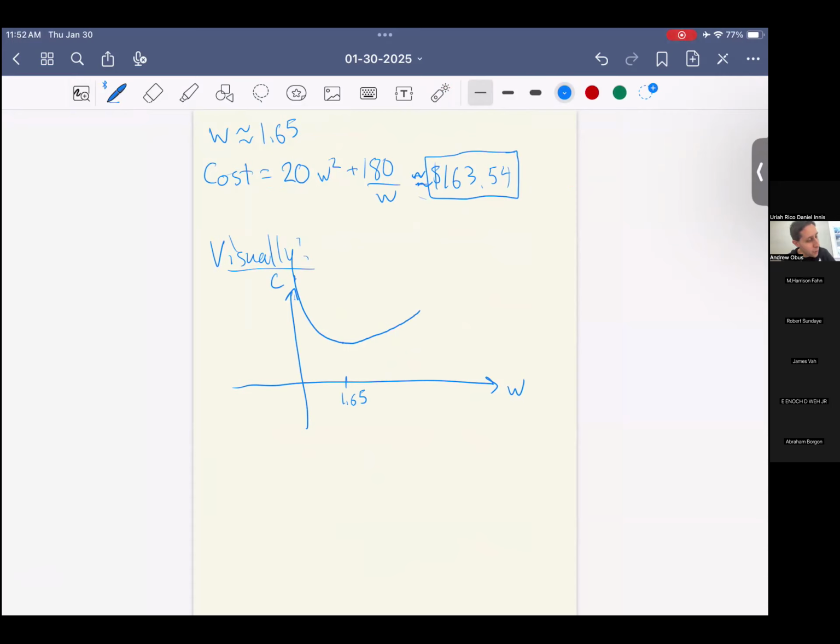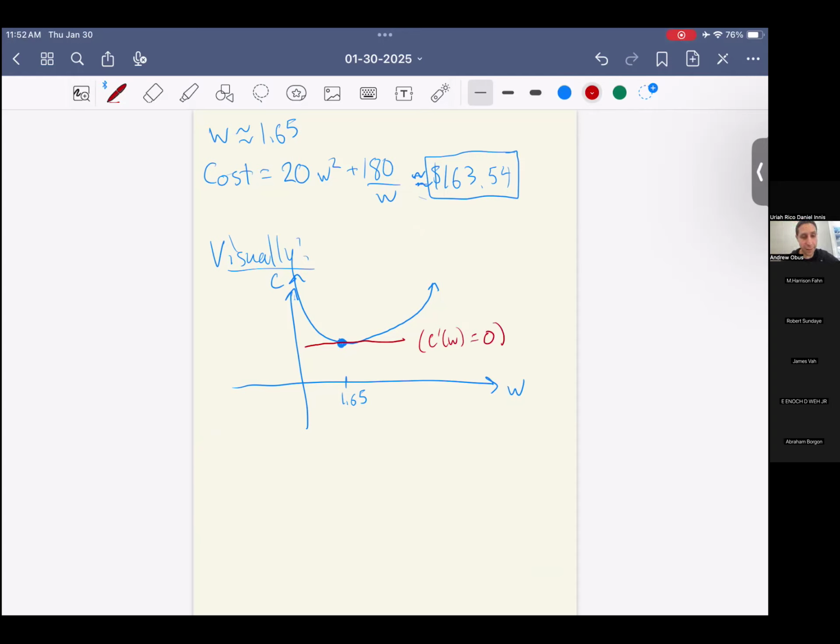And then as the width gets bigger, the cost goes up also. So the graph probably looks something like this. And the place where the cost has a minimum is exactly where the tangent line is horizontal. And since the tangent line is horizontal, what that means is that the derivative of the cost with respect to width, so we can write it C prime of W, is equal to 0 over here.